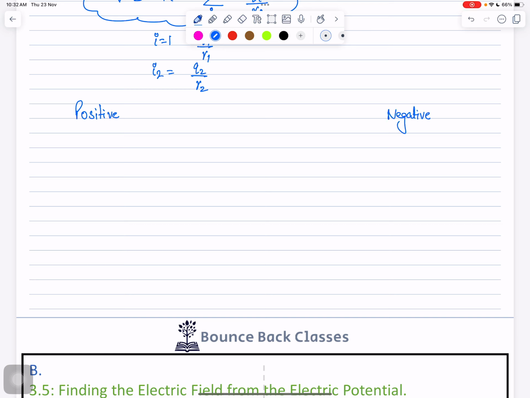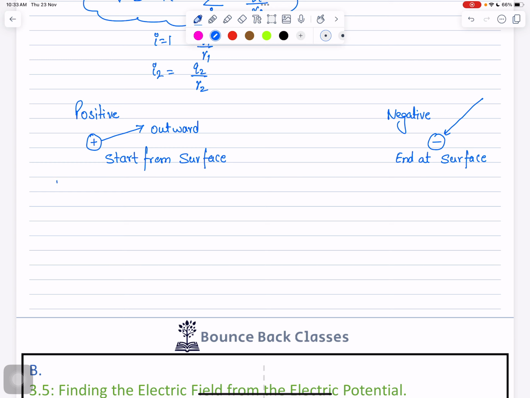In case of a positive charge, we know the lines of force start from the surface and go outward. In case of a negative charge, they start from infinity and end at the surface. Yes or no?